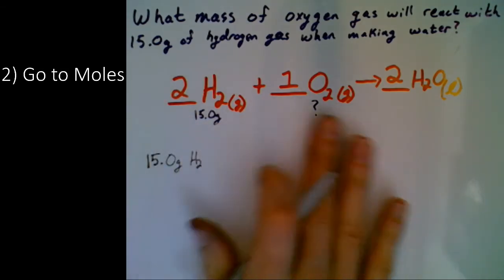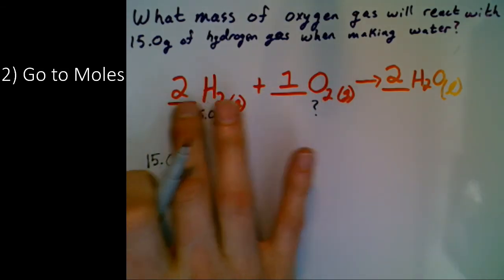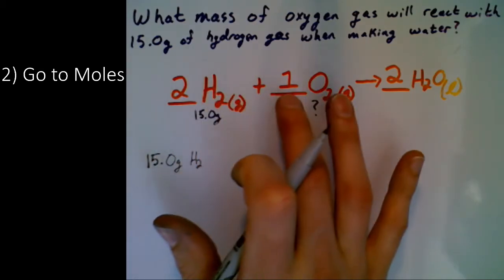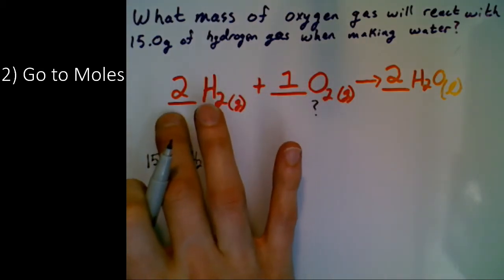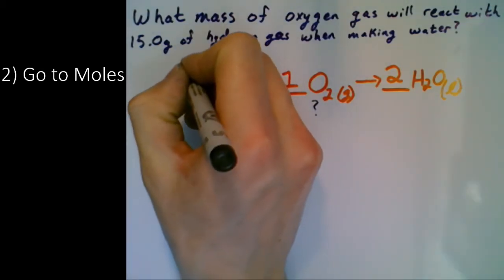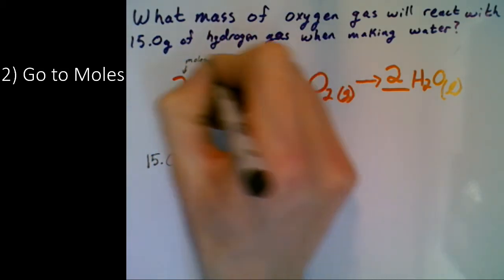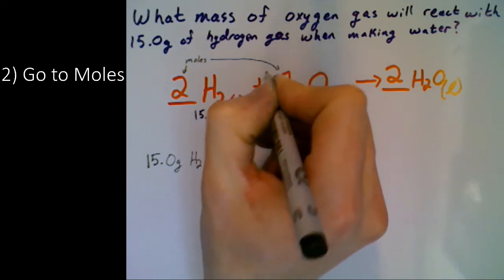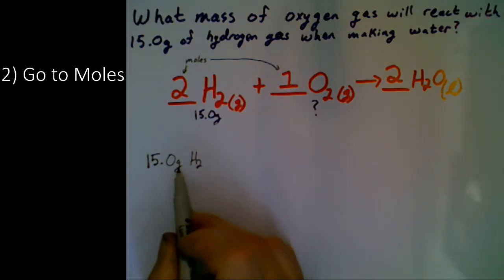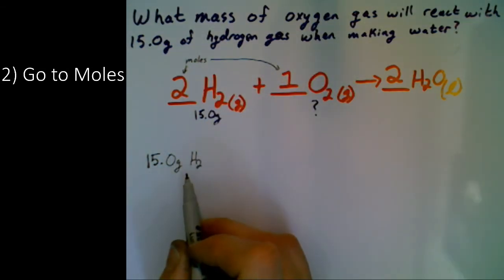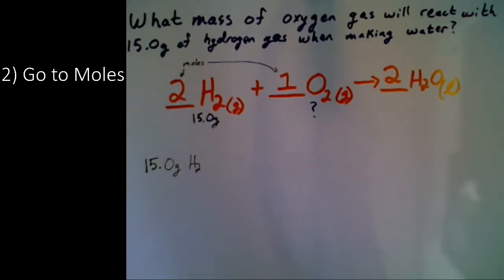The only way that I can actually relate substances is using their coefficients. And those coefficients, remember, represent the number of atoms, or in other words, the number of moles. So I have to change grams into moles because grams don't do me any good when relating substances together.